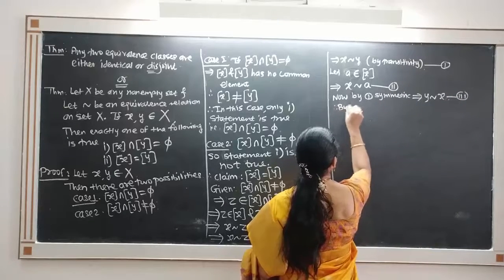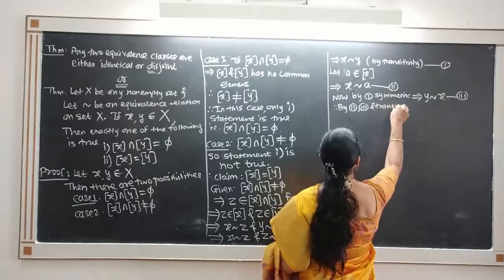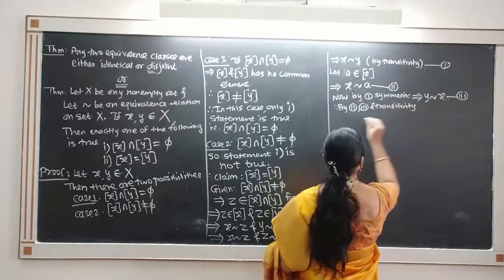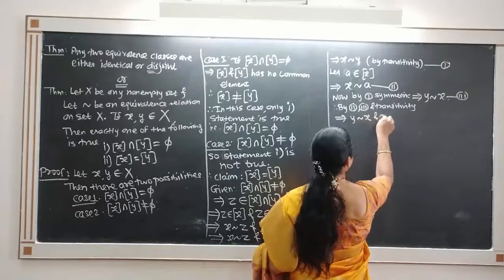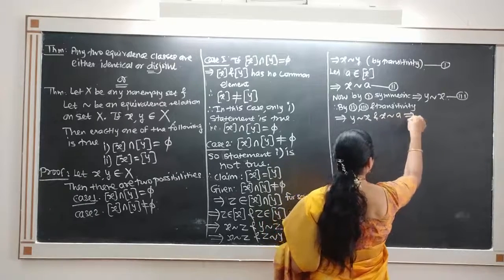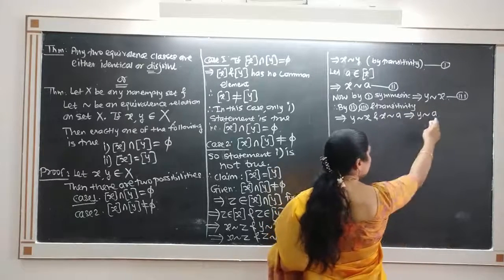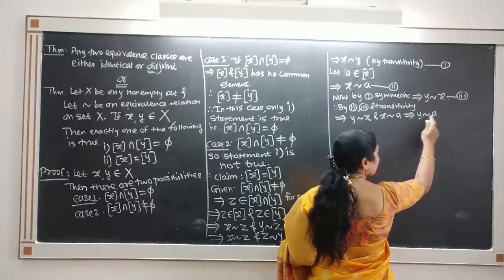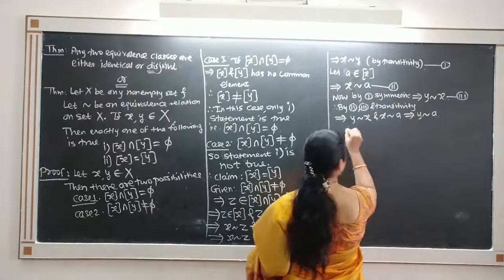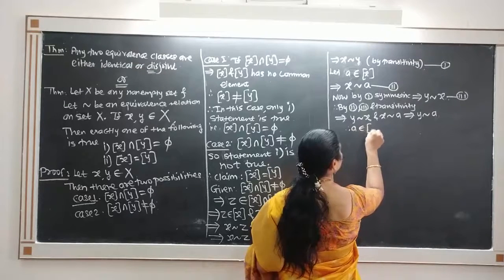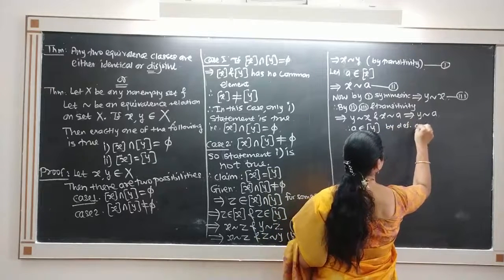By the second, third and transitivity, Y is related with X and X is related with A, which means that Y is also related with A. Because Y is related with A, A belongs to the equivalence class of Y, by the definition of equivalence class.